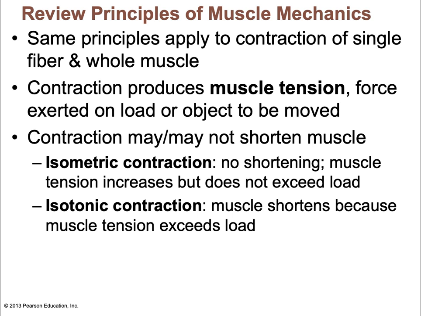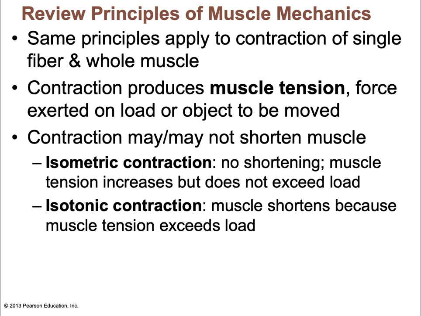You're generating tension and burning energy and actually building muscle strength when you do that, but your muscle dimensions aren't changing at all. That's why it's called isometric. Iso means the same as, right? So the same metric, meaning the same length of the muscle throughout the contraction.